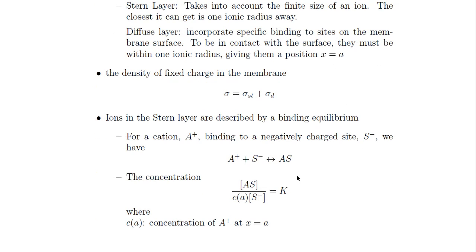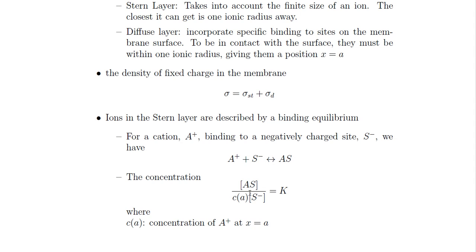Okay, so using kinetics, ions in the Stern layer are described by a binding equilibrium. For a cation A+ binding to a negative charge site S−. So in this membrane, we have a charge site S−. So we have A+ plus S− gives AS.